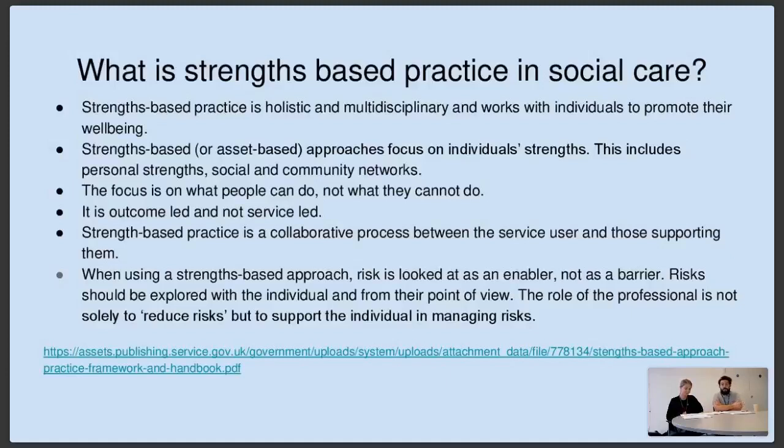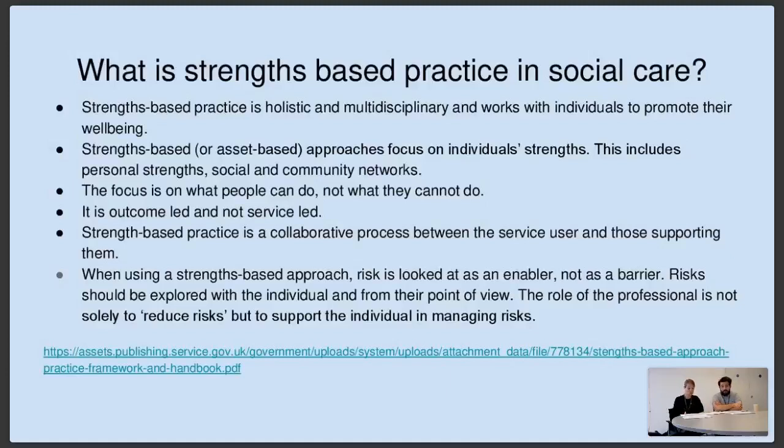By assets, that might be family and support networks, their church, community centres they can go to, their educational background, anything that is a positive in that person's life. It's a focus on what people can do, not what they can't do.